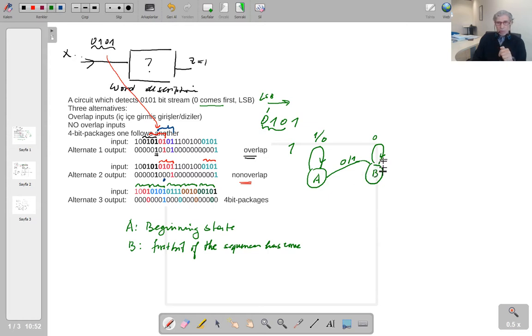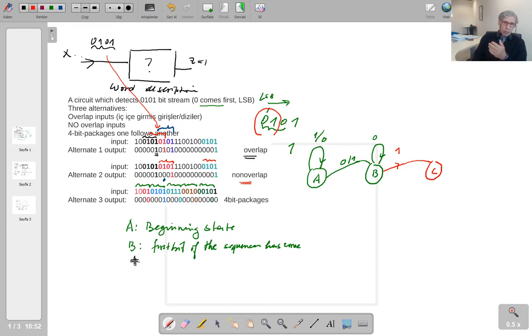When 1 comes while we are in state B, that means the first 2 bits could be detected, isn't it? So I'm talking about when 1 comes. I put here 1 comes and the next state is C. How am I going to name this next state C?